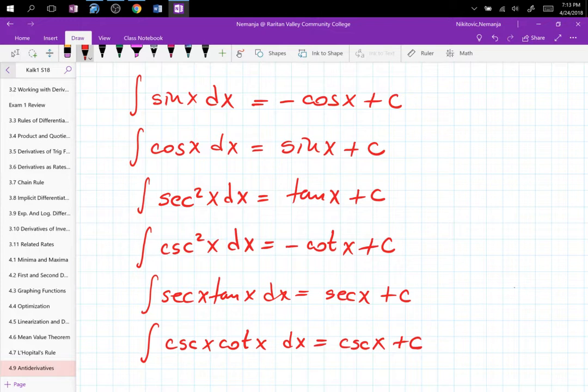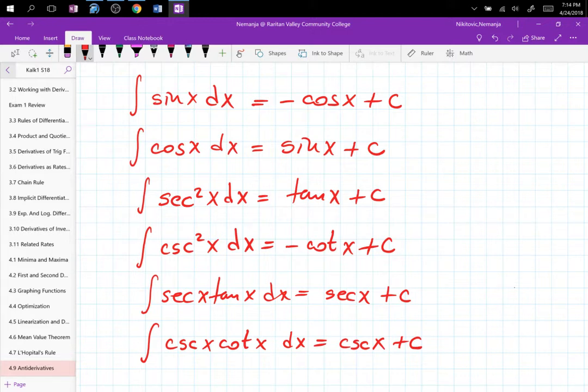So as you can see, this is literally the chart you have for derivatives backwards. You see all 6 basic trig ones, right? Now, we are going to cover some more in chapter 5, but for the main part, this is it.